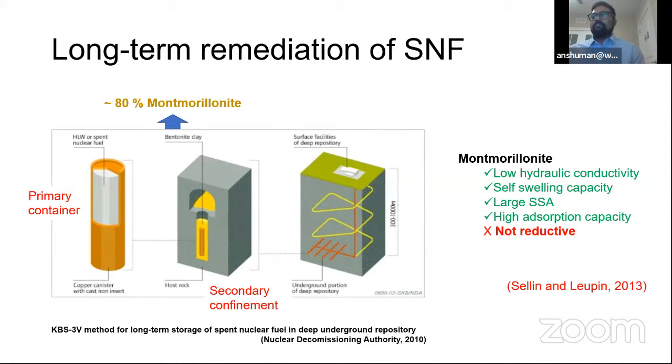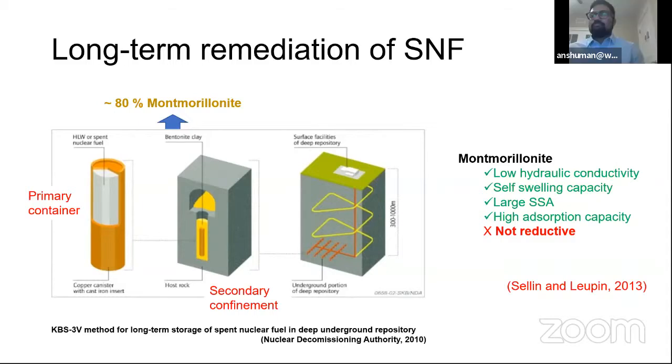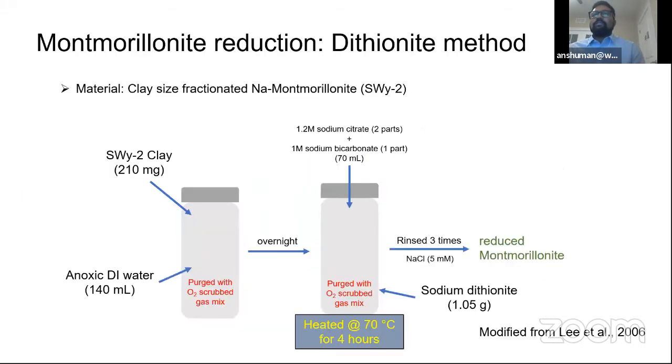So if uranium-6 is adsorbed onto Montmorillonite, it is still in the uranium-6 form, or +6 oxidation state, and it can get dissolved by carbonate. So we thought of converting this Montmorillonite into a processed form, which we are calling reduced Montmorillonite, and then use that as our sorbent.